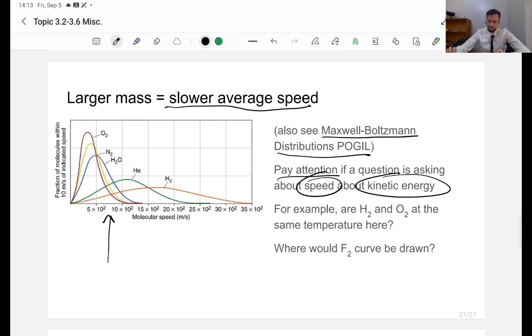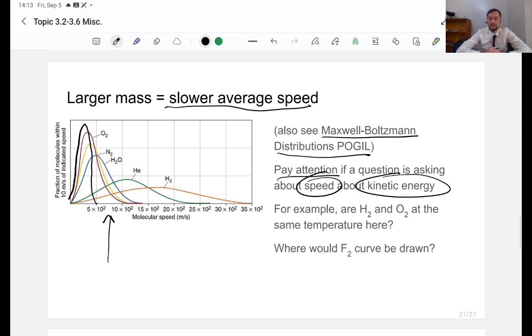For example, are H2 and O2 at the same temperature here? You should say, yes, they are. Even though they have different average molecular speeds? Yeah, because they have different masses. Where would the F2 curve be drawn here? It should be to the left of oxygen and even steeper, right?